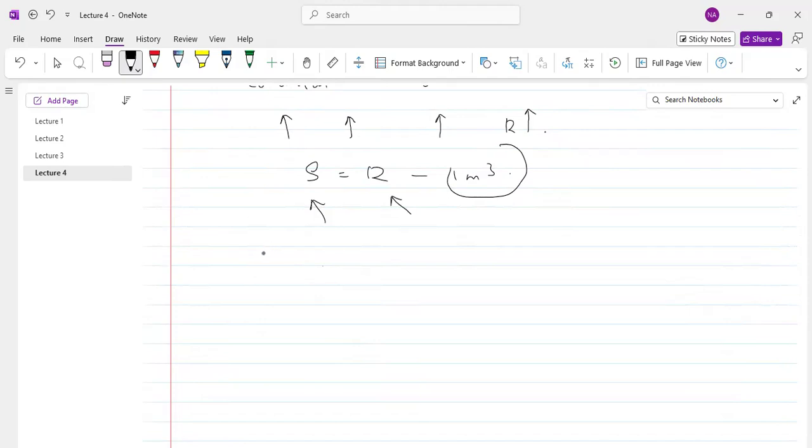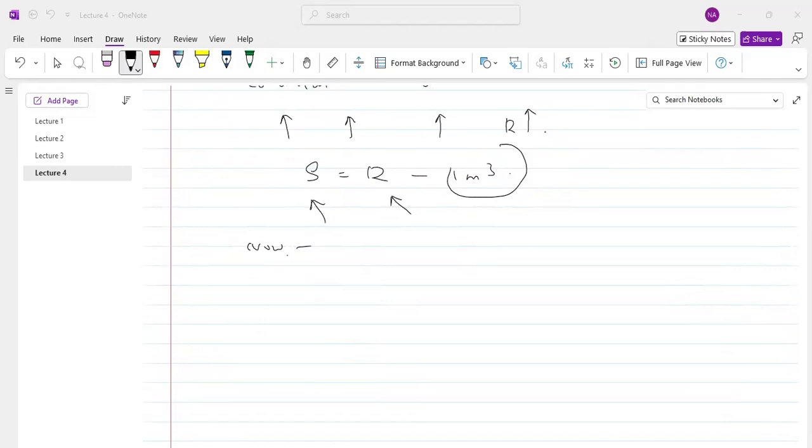Now we want to describe some relationship between resistance and the temperature of the material through a quantity called the temperature coefficient of resistance.